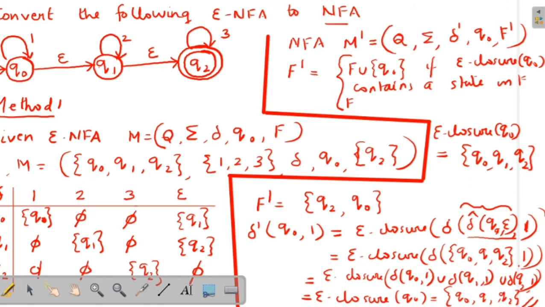Next we have to find delta dash of Q0 comma 2.